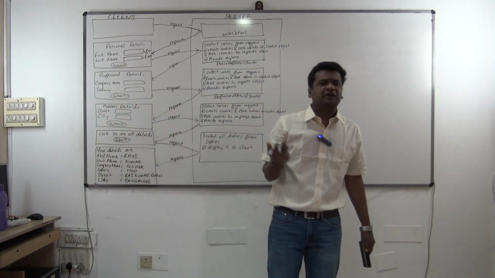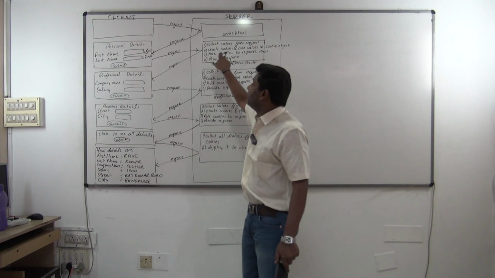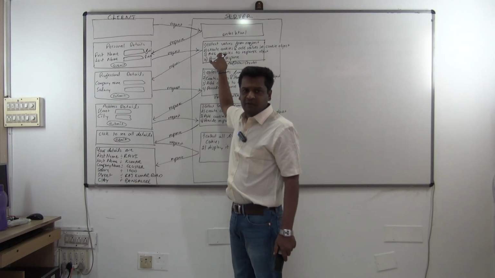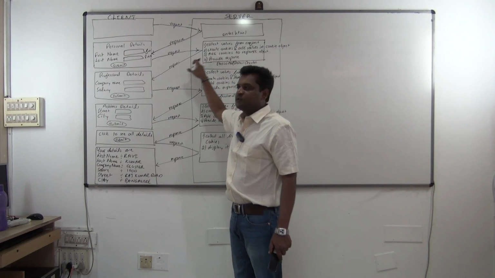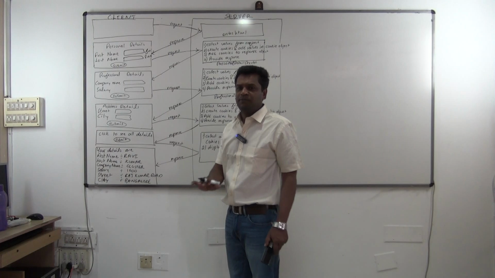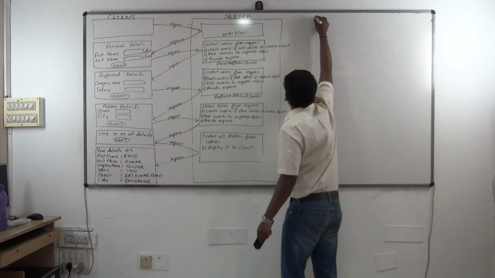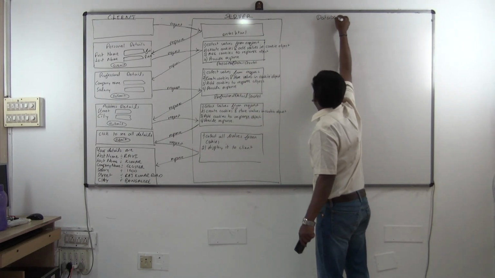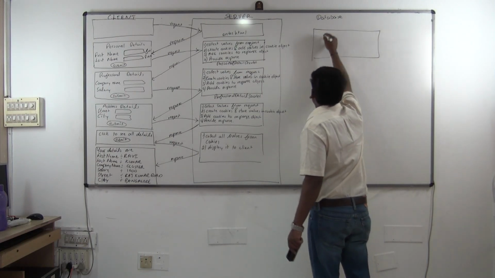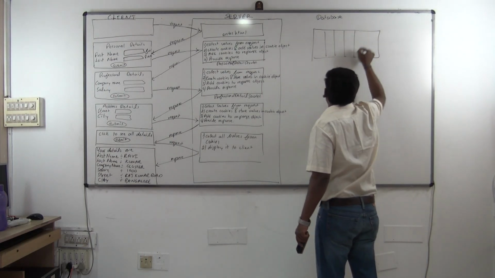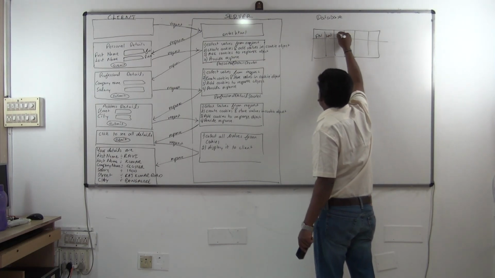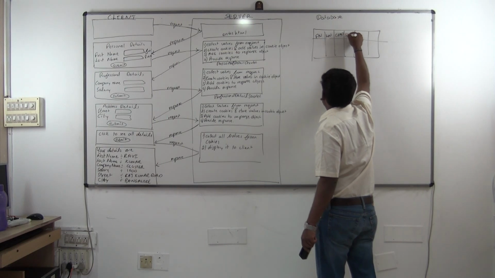HTTP request body will take care to bring all the values and give it to your application, and these values will be in the request object, correct? And once the response is given, it's destroyed. Before the request object is destroyed, what you can do? One option you have. You can bring one more layer called as the database layer, and you can have one table here, one big table, and you can store all your values in this table like first name, last name, company, salary.